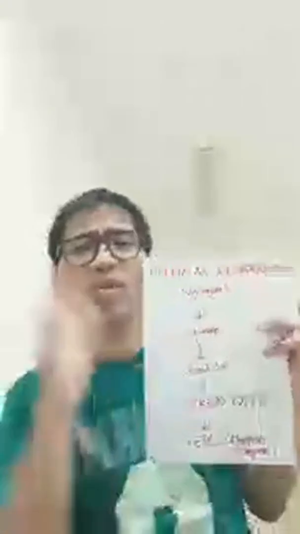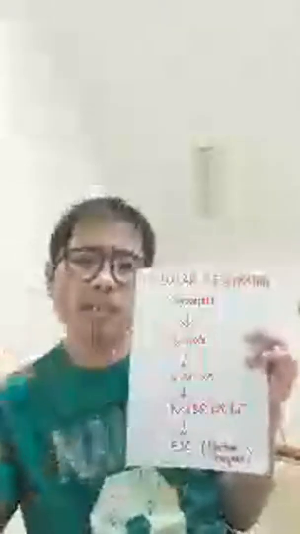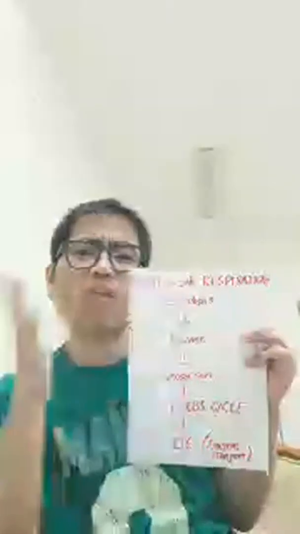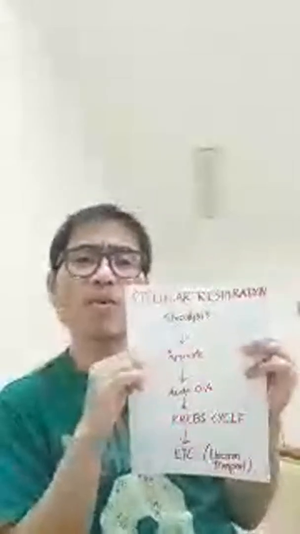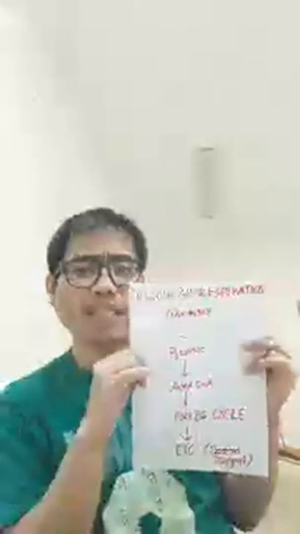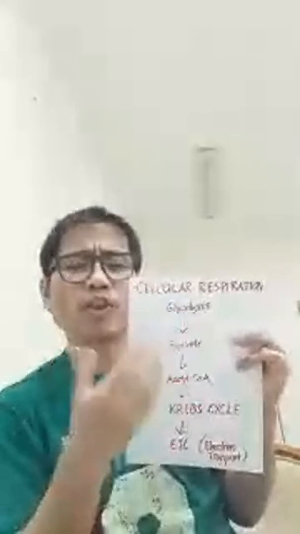Glycogen is a storage polysaccharide, a polymer of sugars, a group of glucoses. If you break that down into several glucoses through the process of catabolism, that is known as glycolysis. This is not the anabolism part, in which you start from smaller molecules and build up into large molecules.